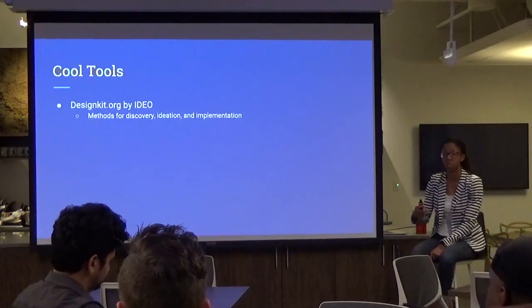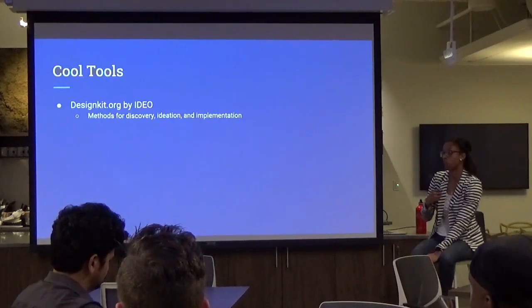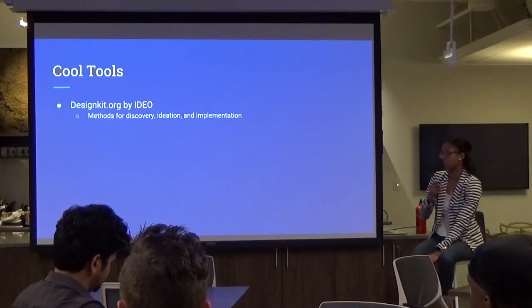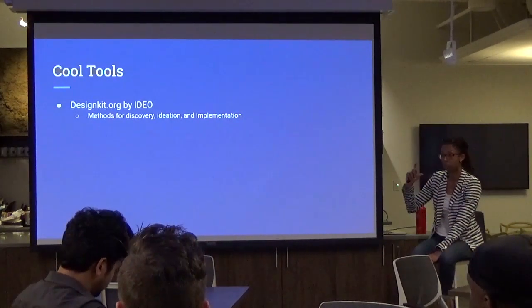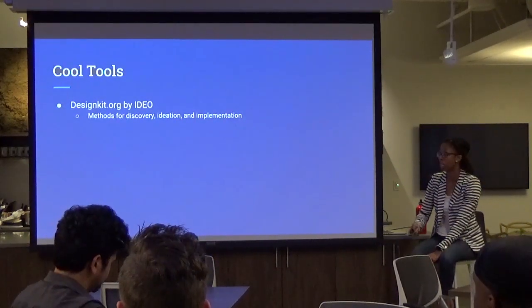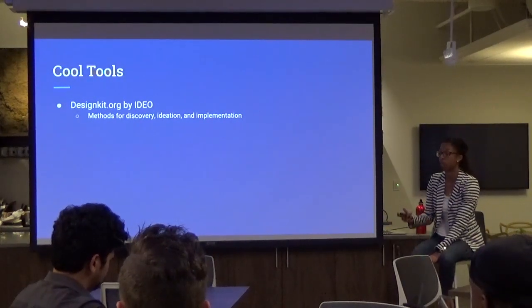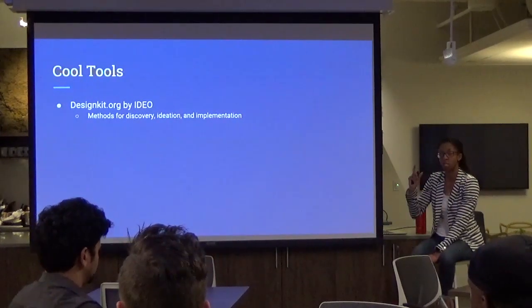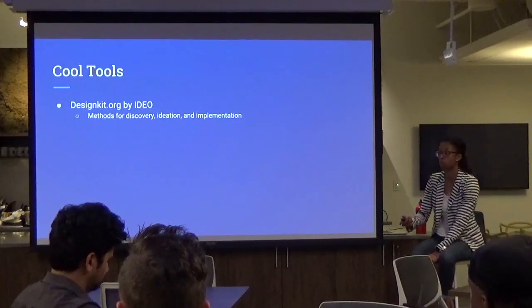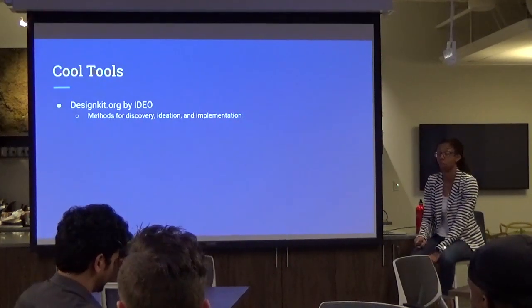So if you want to learn more about how to do some of these things, whether it's card sorting or whether it's prototyping, design thinking, they have a lot of these very short clips of telling you what the thing is for and how to use it in your process. So this is something that I would highly recommend for just discovery phase, is going to that website and just looking through the different ideas of how to go through the discovery process. They do a really good job of explaining things and explaining situations in which you can use them.